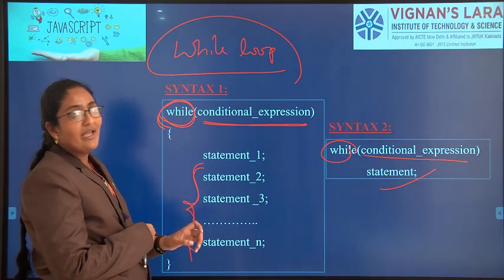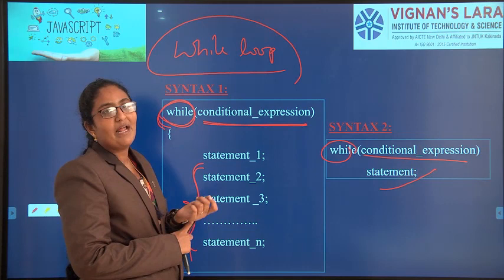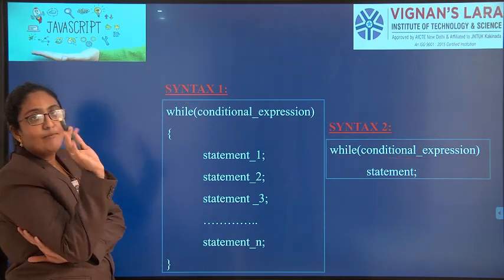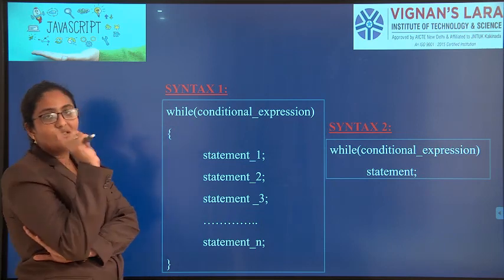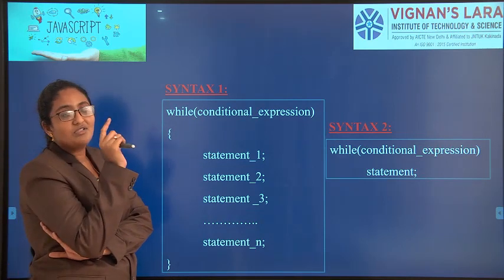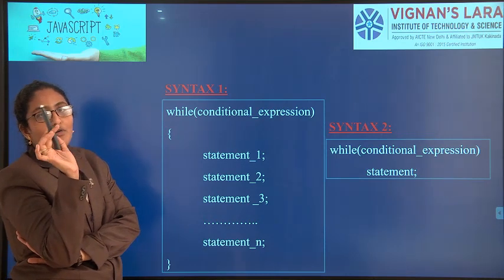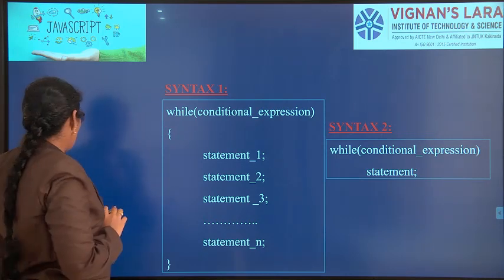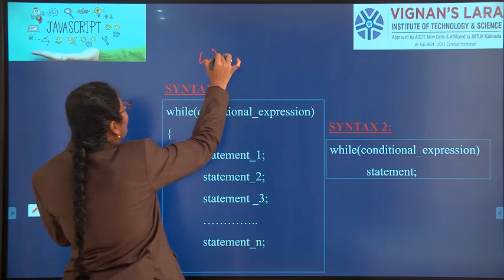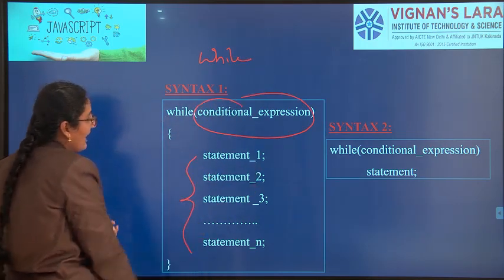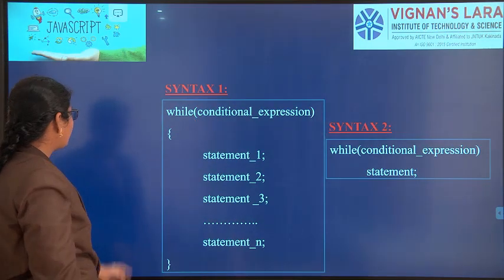I don't want to give you examples. Examples you should practice on your own in class. So remember, I am only giving syntaxes for all the control structures. Examples you should implement on your own and tell me in class. So this is the while loop.